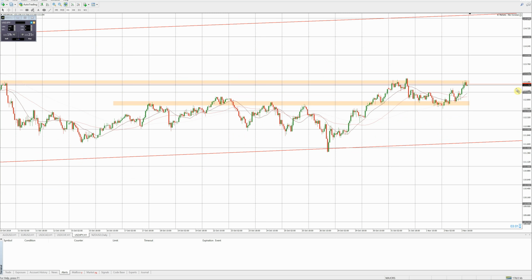We are on a trend continuation pattern on the 4-hour and hourly charts, and I expect this just to follow this channel at least until I am proven wrong.